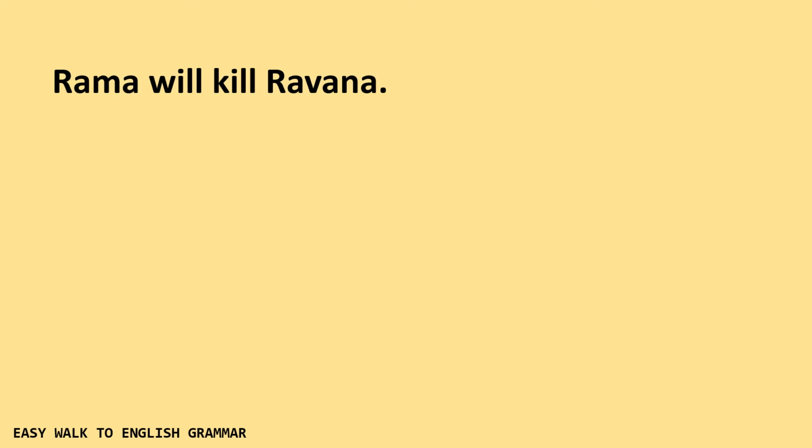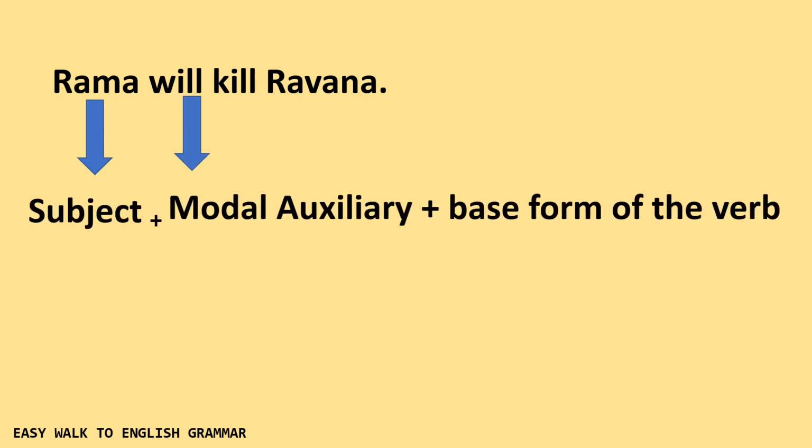Here, Rama will kill Ravana. When we analyze this sentence, Rama is the subject, will is the modal auxiliary, plus base form of the verb. After modal auxiliaries, we'll be using base form of the verb, V1 forms of the verb.